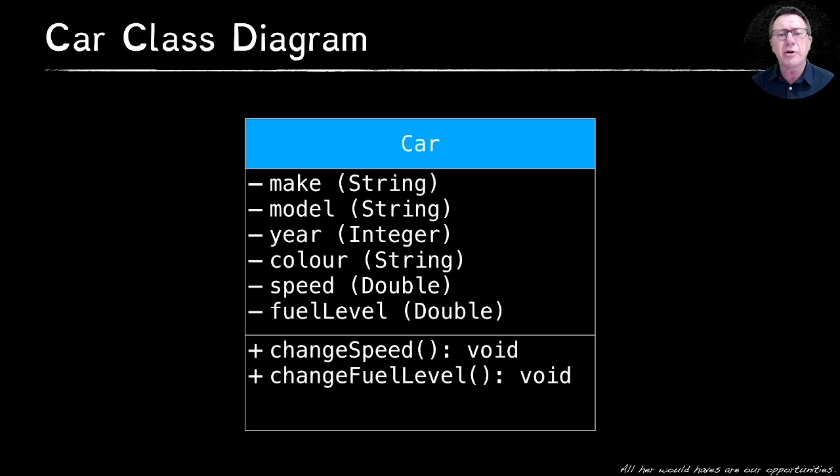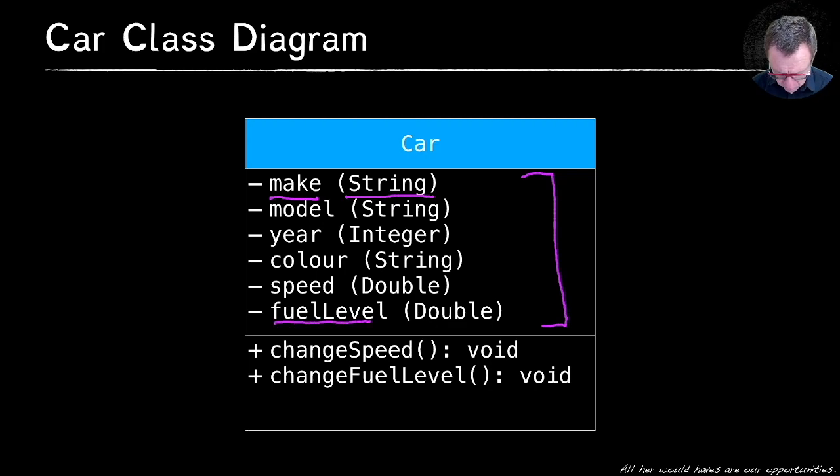So here is our car class in a UML diagram, and there's a bit going on there. Now, it's not a complete class diagram. You need to understand that. But up in this section here are all of our class fields. So we've got a make, which is of data type string.